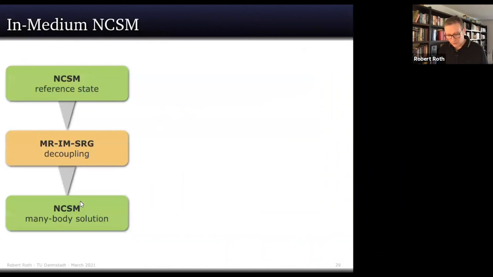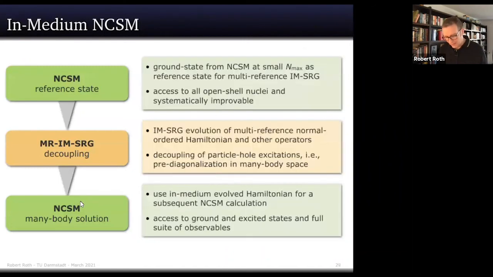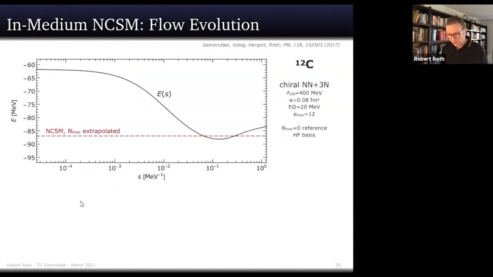I'm running out of time, so I'll skip that and just show you how it works in intuitive terms, again with this picture. There are a few technical complications because now you really need a multi-reference formulation of the in-medium SRG. But luckily, this is easy compared to coupled cluster.